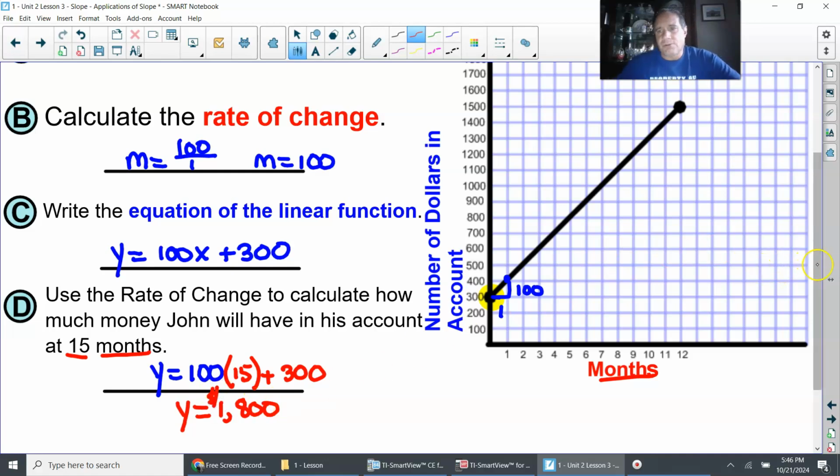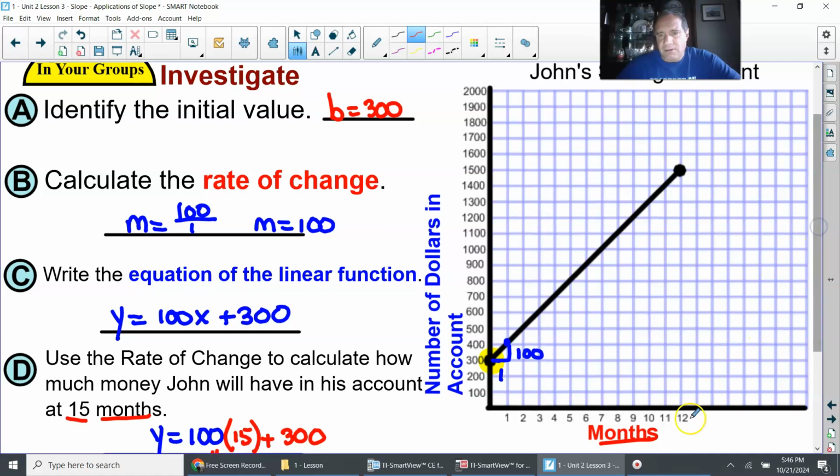You could also extend the graph. All right, so this would be 13, this is 14, this is 15. So we're just going to continue the graph up like this. And here's 15. So if I continue the graph up like this, look, 1,800.